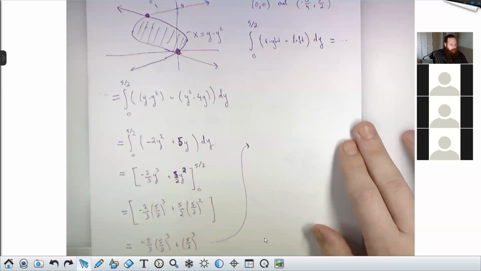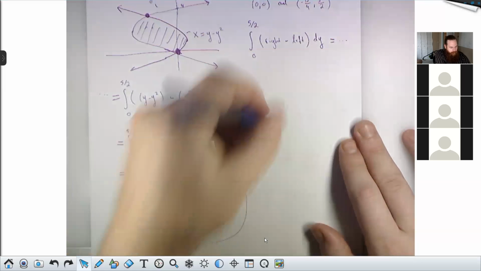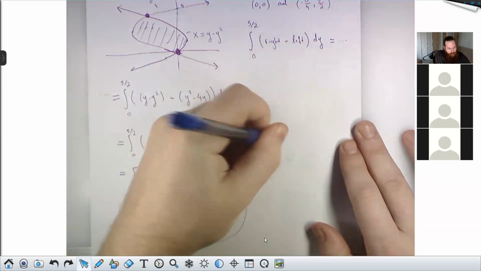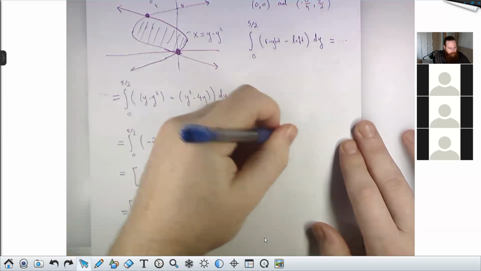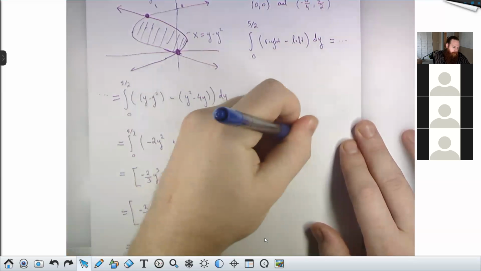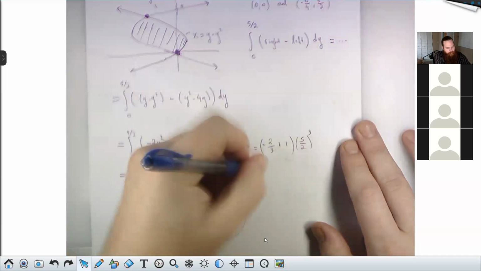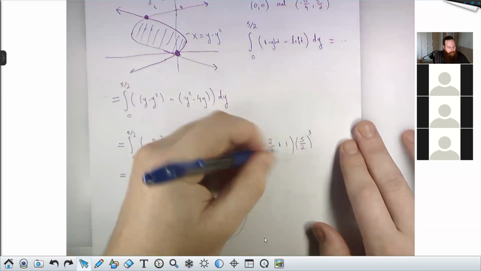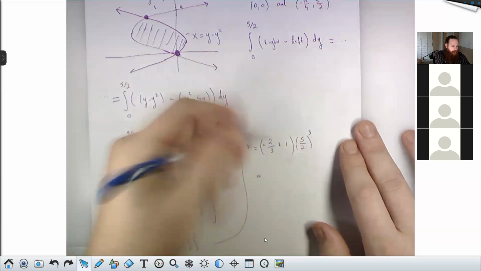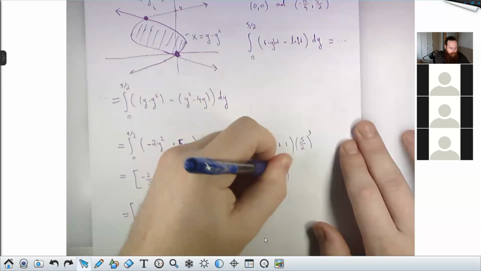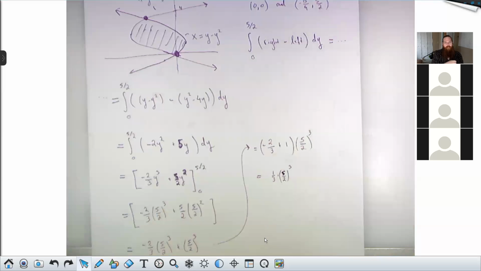If I factor 5/2 cubed out from this expression, I'll get negative 2/3 plus 1 times 5/2 cubed. And negative 2/3 plus 1 is 3/3 minus 2/3, which is 1/3. So this is 1/3 times 5/2 cubed. And I think that's as nice as that's going to get.